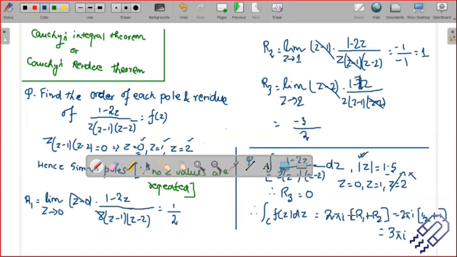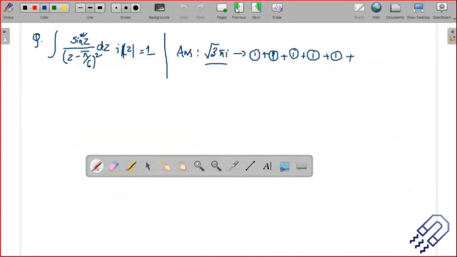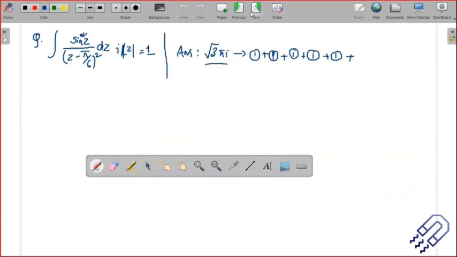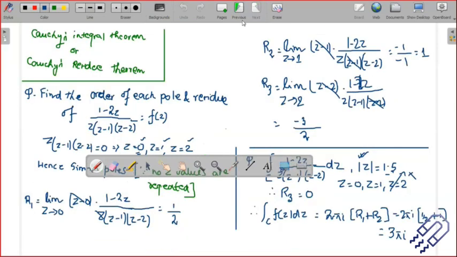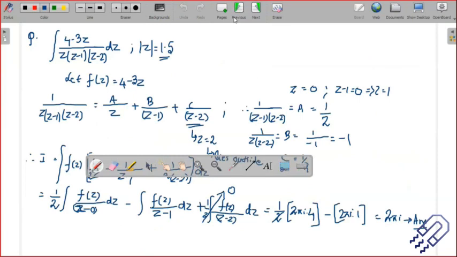You have to keep a check of this; it is very important. If you use the Cauchy integral formula, you are going to end up with the same answer, but there you have to do partial fractions, find out A, B, C, and then do the calculation.